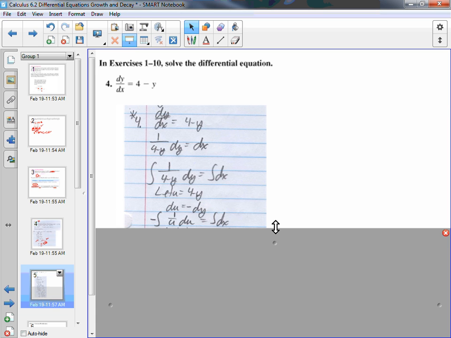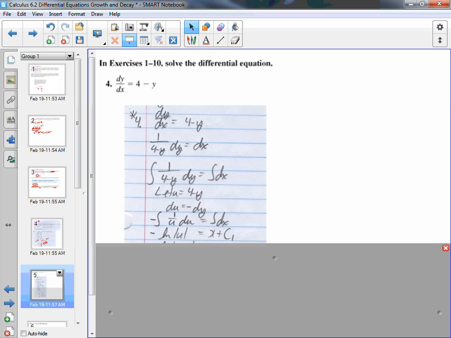So on the left side, we have the negative in front. Then the integral of 1 over u du is the natural log of the absolute value of u. Don't bother with the plus c yet. On the other side, the integral of, that's a 1 dx, isn't it? So what's the antiderivative of 1? X. Now put the plus c. So x plus c1.